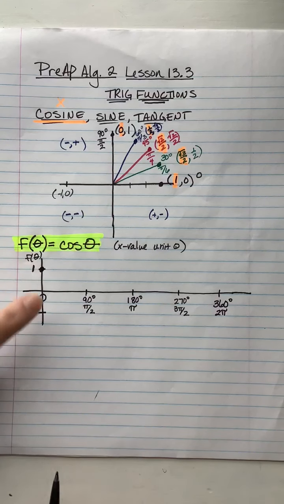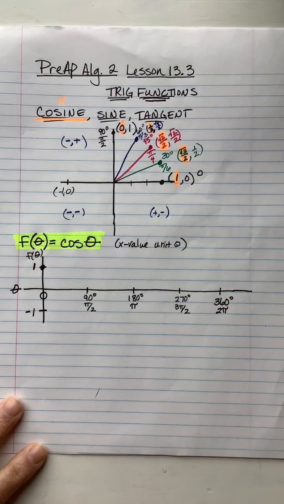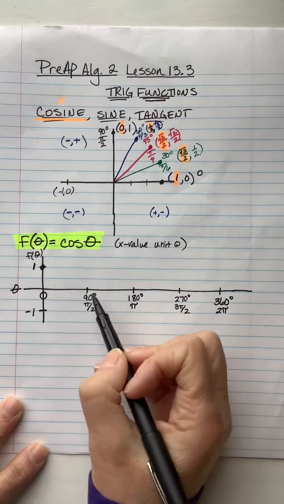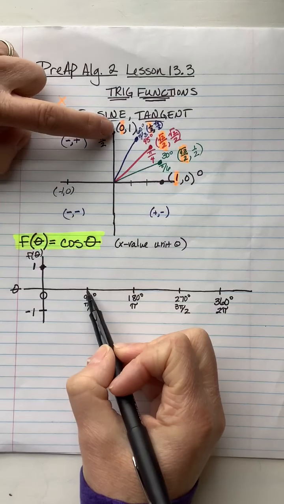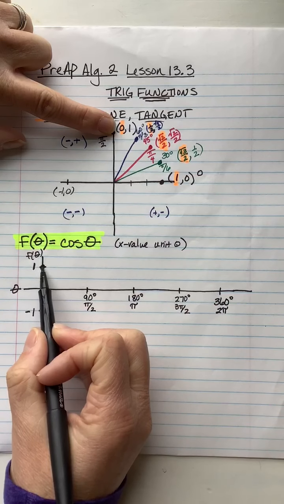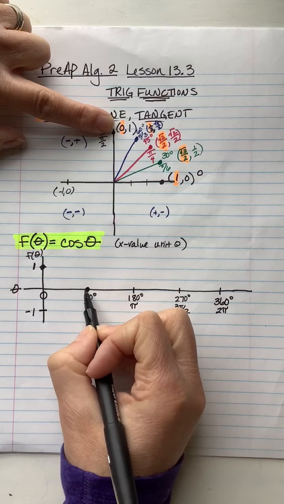That is where the cosine exists at an angle measurement. I should probably put angle there. Okay, now let's just hit these for now. What about at 90 degrees? At 90 degrees, my cosine value is 0. So rather than being up at 1, my cosine is going to get smaller and smaller until I'm here at 0.